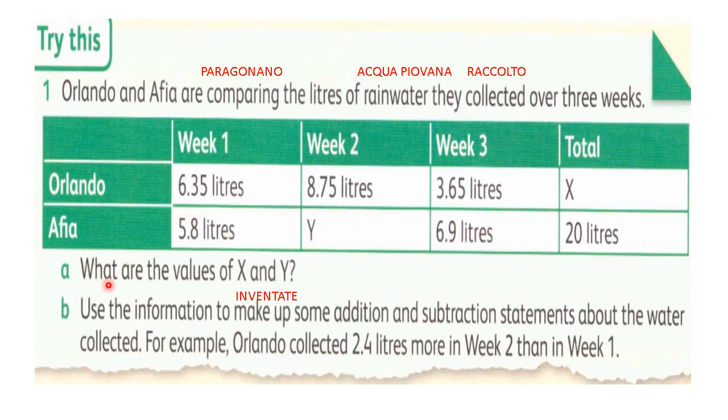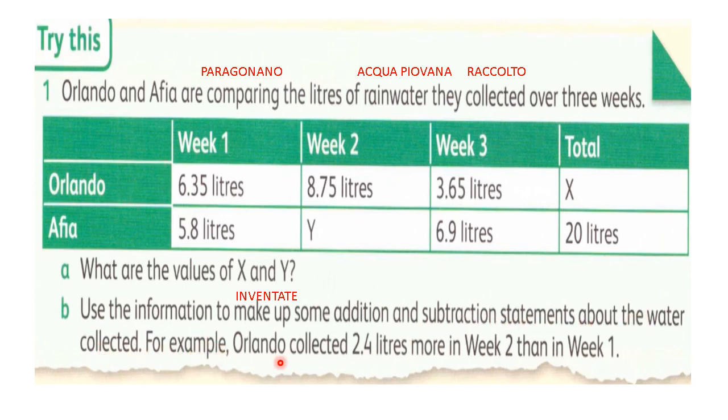A. What are the values of X and Y? So X will be the sum of these. Y will be 20 liters minus these two values here. B. Use the information to make up some addition and subtraction statements about the water collected.